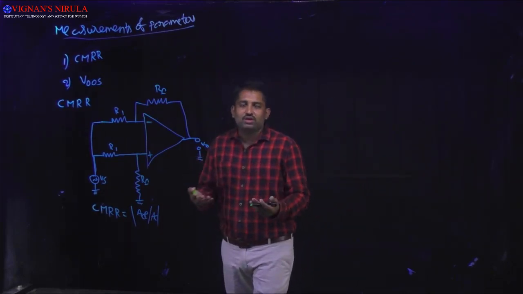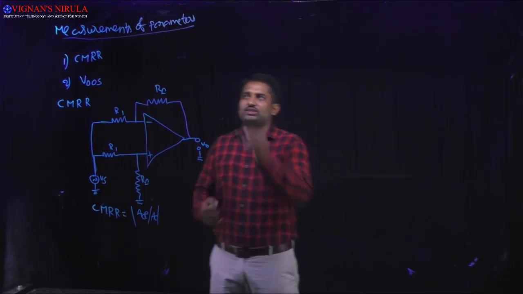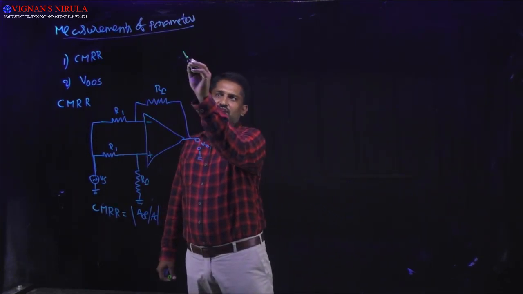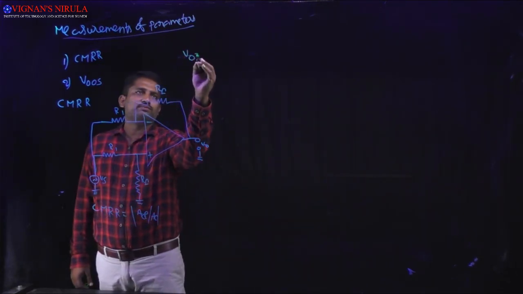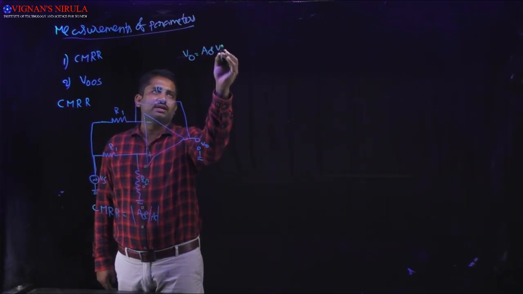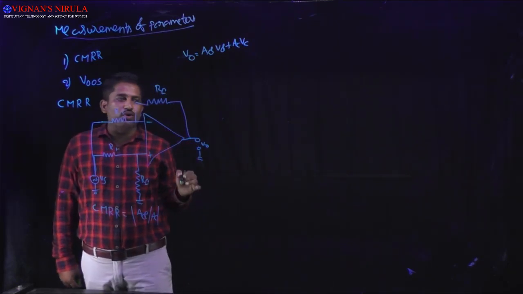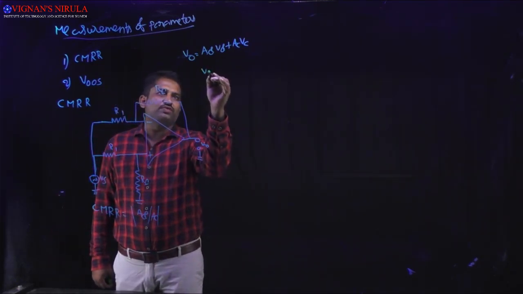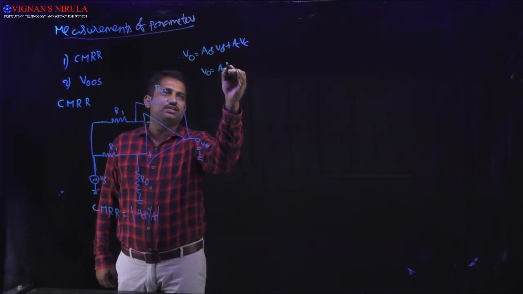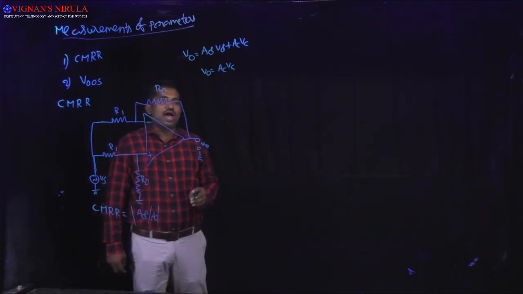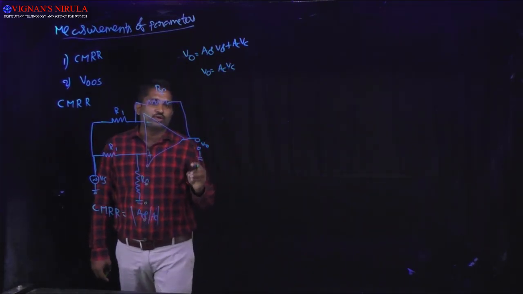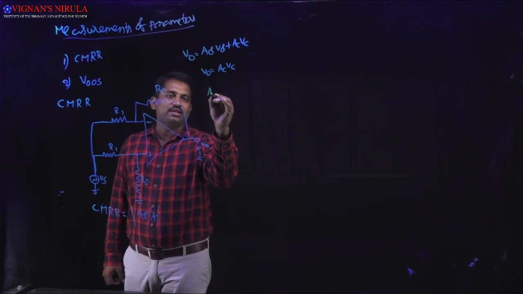So the output voltage V0 is equal to AD into VD plus AC into VC. In this case, I am going to consider output voltage V0 is equal to AC into VC. Now I calculate the common mode gain first, which is AC.